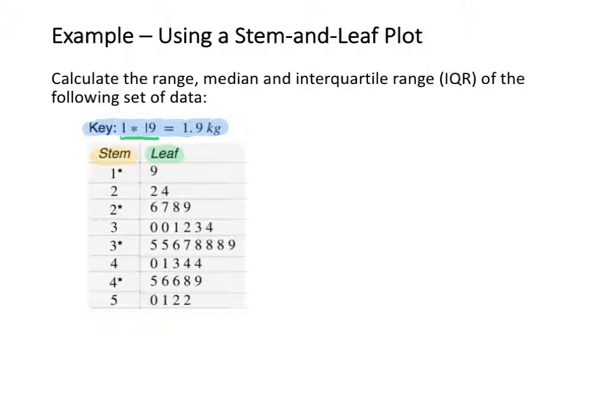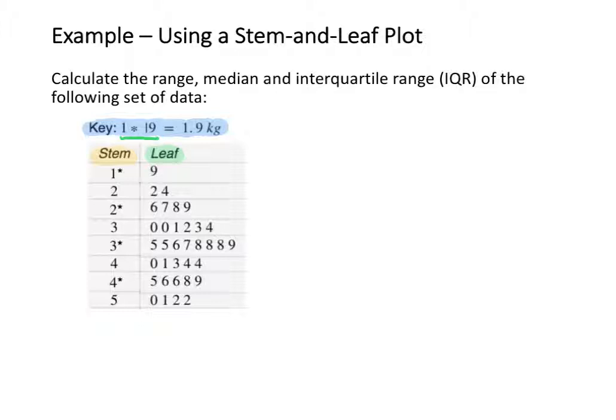So applying our key, we know that our numbers are going to be 1.9, 2.2, 2.4, 2.6, 2.7, 2.8, 2.9, 3.0, and so on and so on.